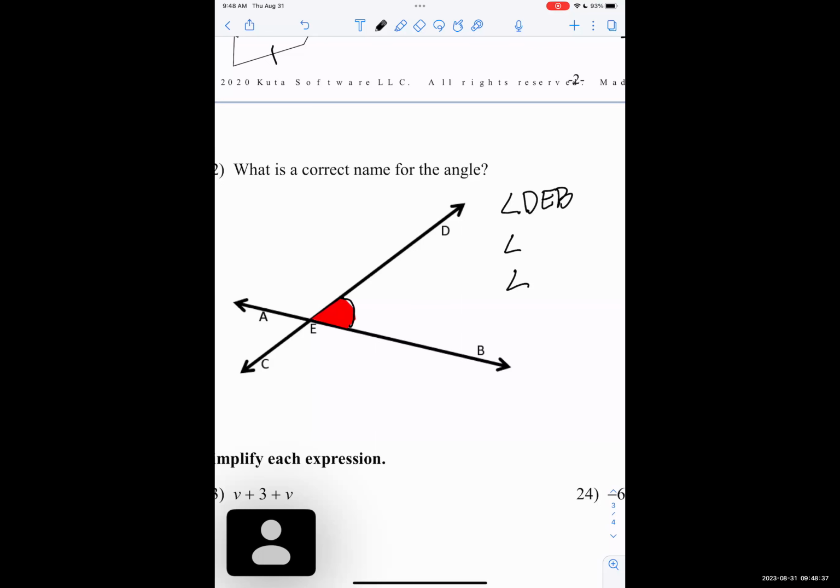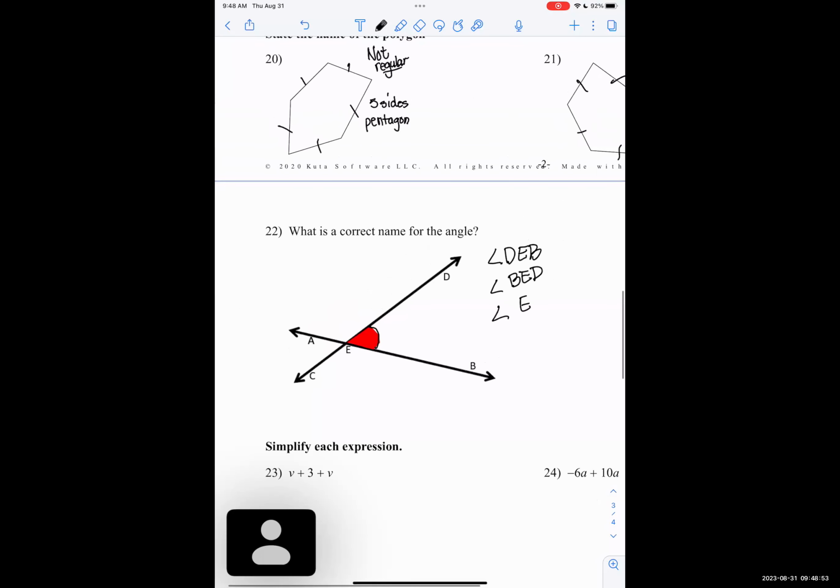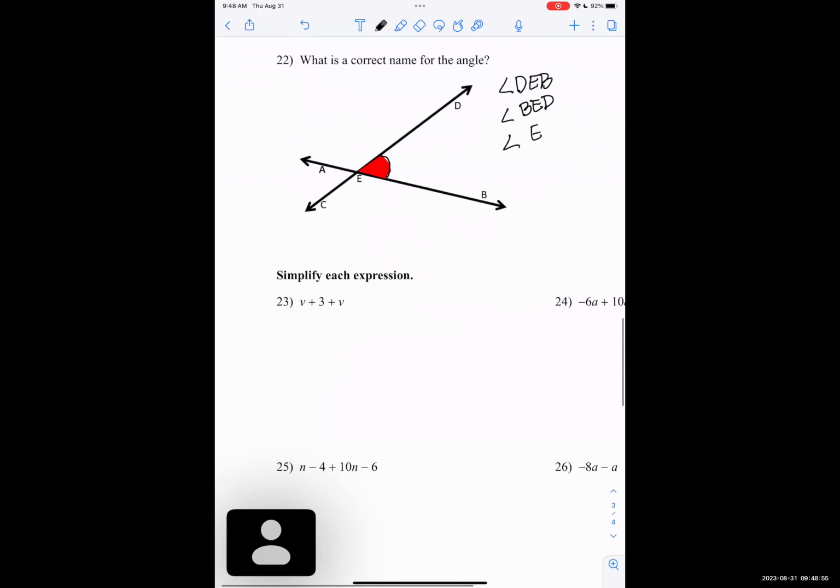Correct. You guys are awesome. BED, awesome, or E. Okay, you guys totally have that. We're just going to go on to the next thing.